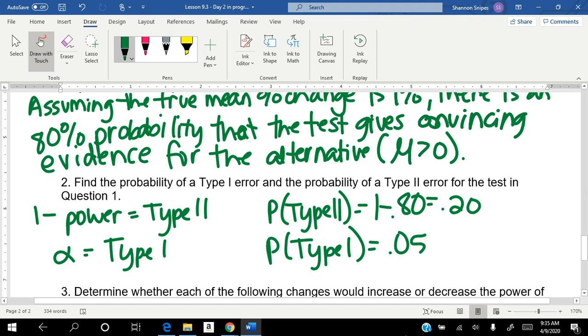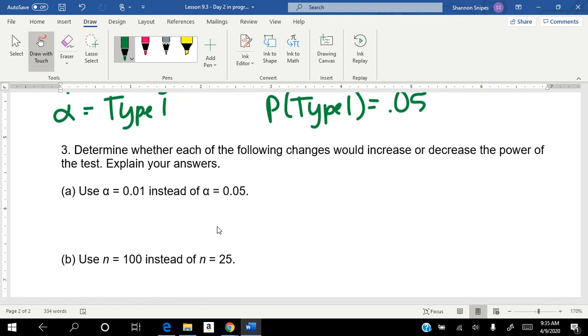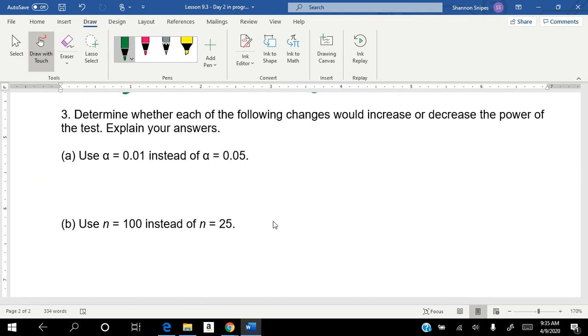Determine whether each of the following changes would increase or decrease the power of the test. Explain your answers. So our original alpha was 0.05. So if we decrease alpha to 0.01, we will decrease our power. Using a smaller alpha level makes finding convincing evidence way more difficult.